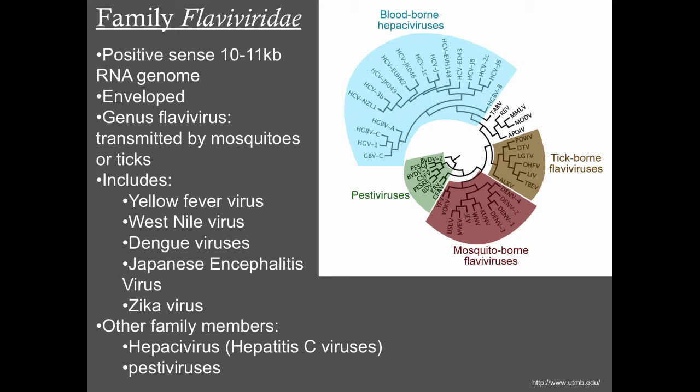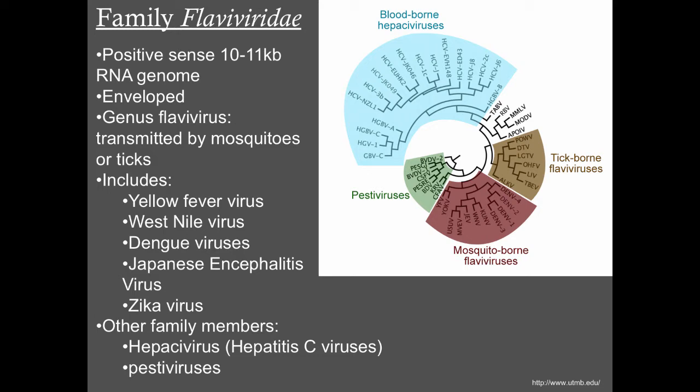Okay, right. So the topic today are the Flaviviruses. So the vital statistics of the viruses: these are positive sense RNA viruses, with a single piece RNA genome of about 10 to 11 kilobases. They're enveloped. They are all classified as arboviruses, that is arthropod-borne viruses, so they're transmitted by mosquitoes or ticks.